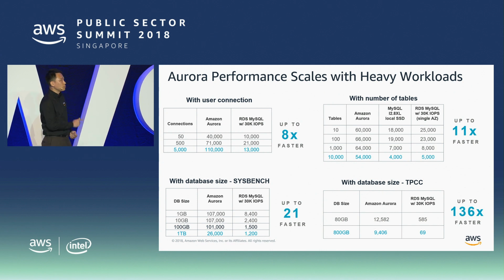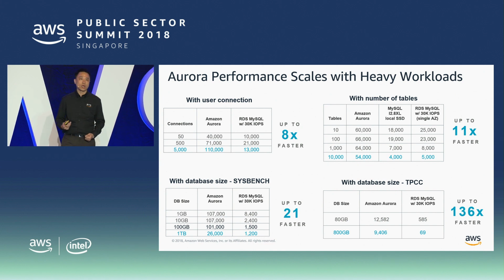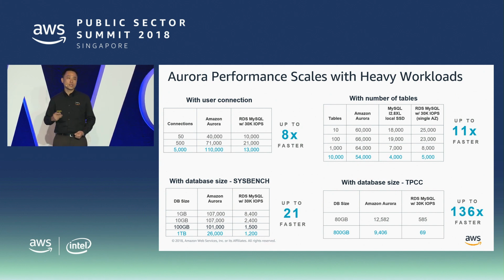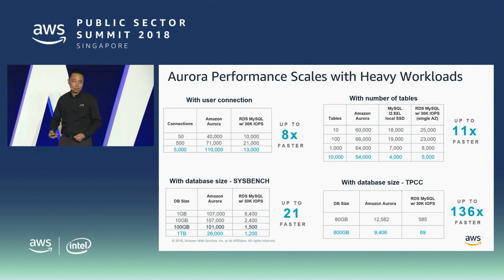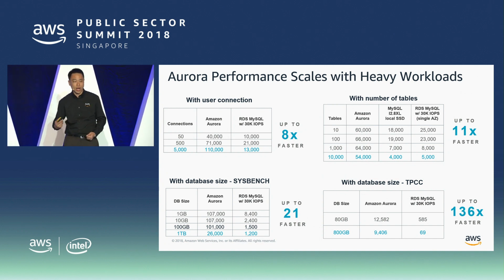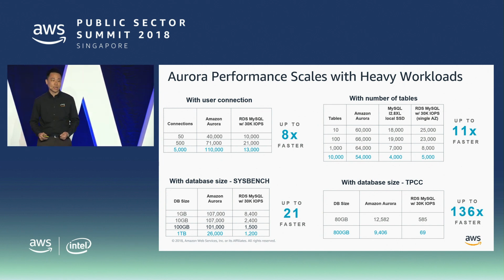But you can see from the table that no matter which scalability situation you are talking about, we are always able to achieve really, really good performance against the vanilla version of the MySQL implementation. Let's say, for example, for user connections, we are able to achieve up to 8 times faster than the vanilla version of the MySQL.